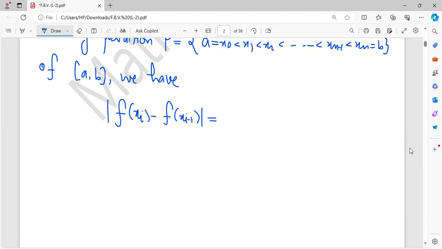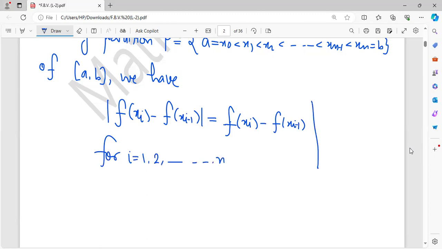So this will be f(x_i) minus f(x_{i-1}) for i going from 1, 2, 3 up to n.